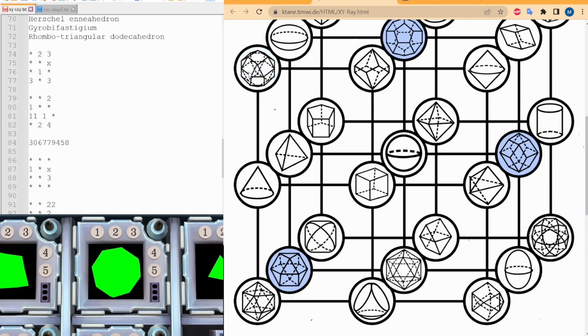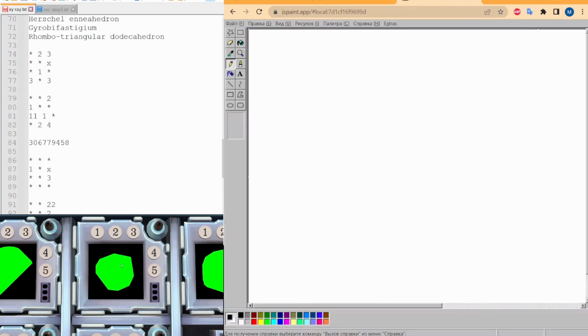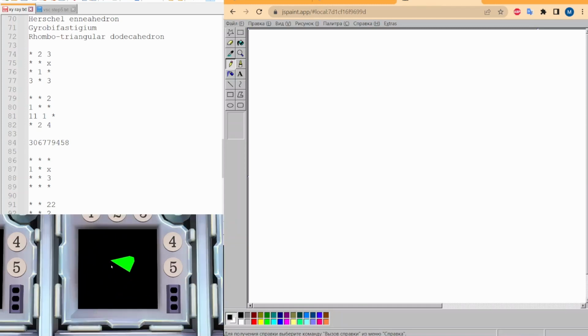So let's just look at this one. Oh, and also you can sometimes identify the shape by a couple of squares in a row. What I mean by that is, let's see in a moment.